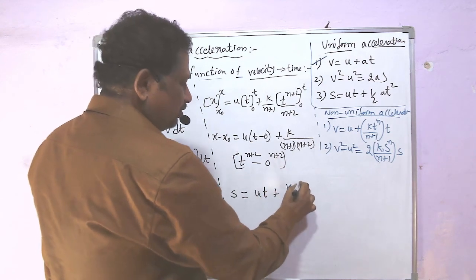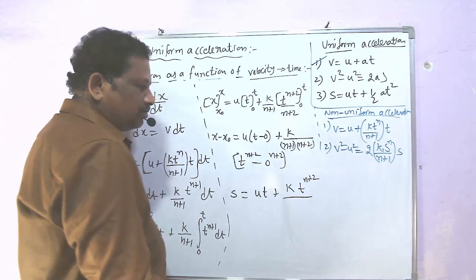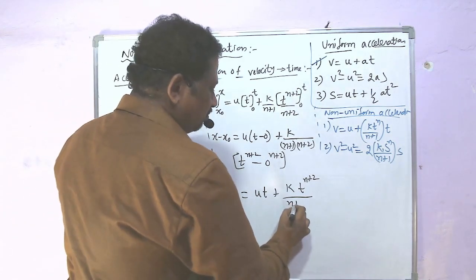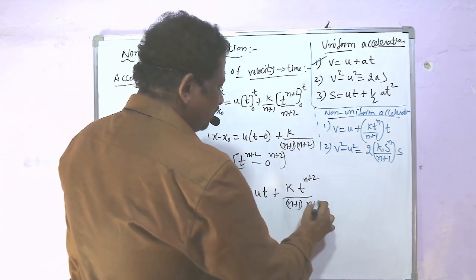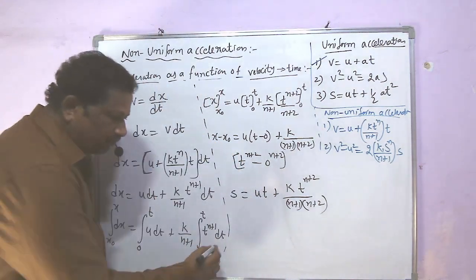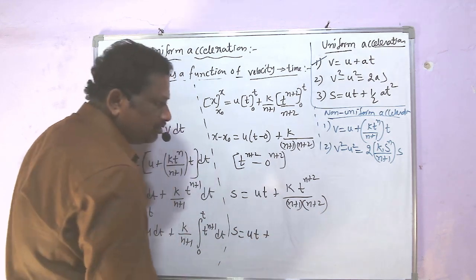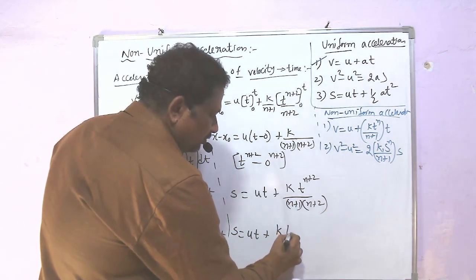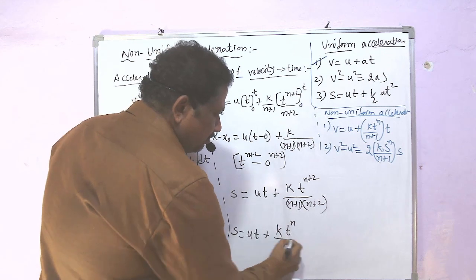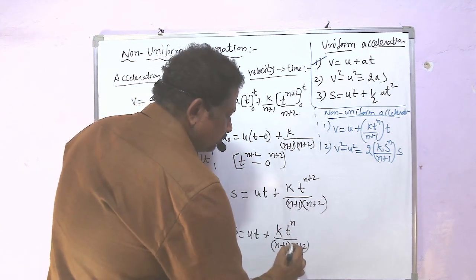Half we need, so we have to multiply with 2 and divide with 2. So half into this one into t square. This is the acceleration which depends upon k, t power n and n. Okay. So now the third equation we also get for non-uniform acceleration motion.